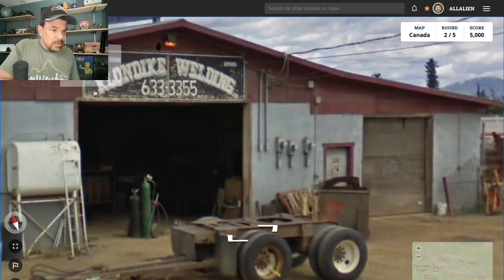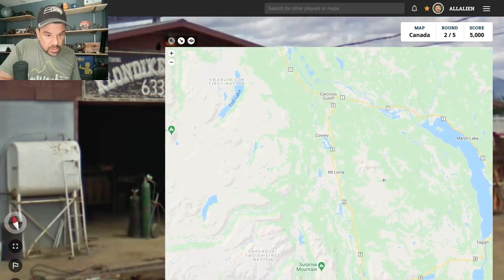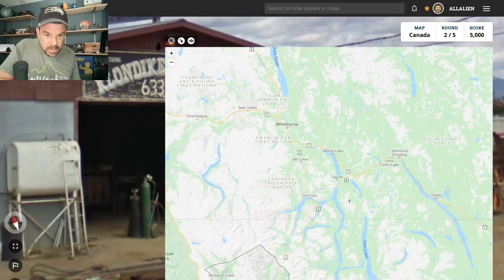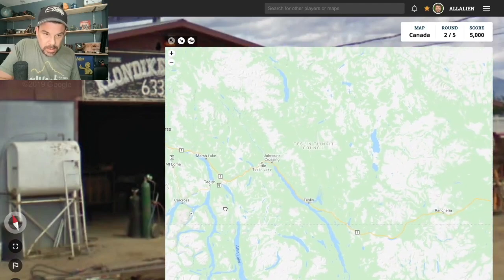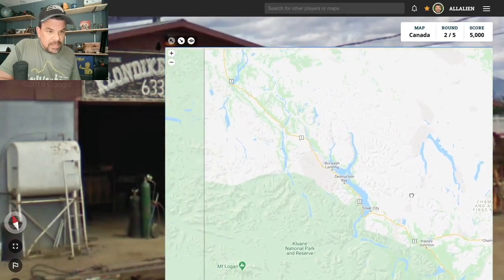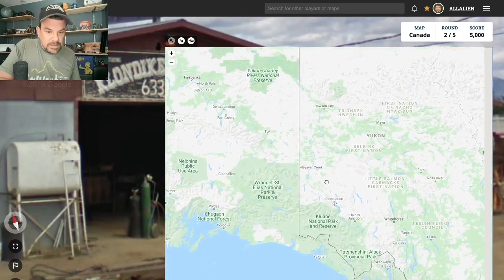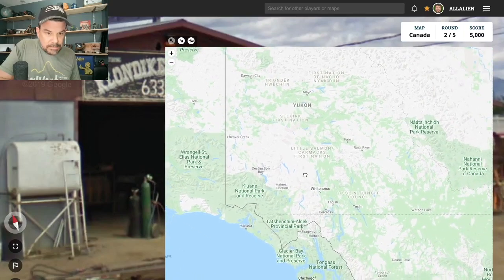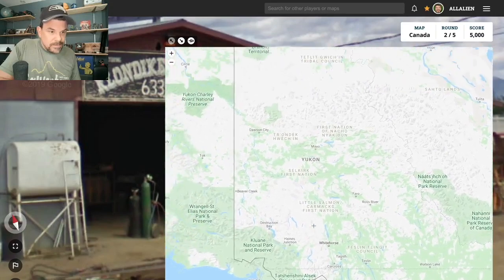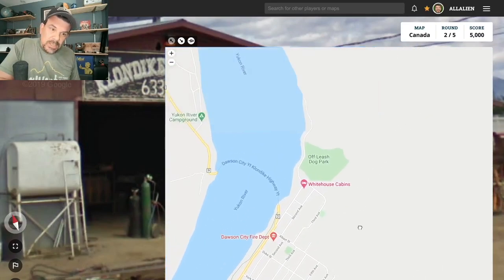Klondike, there's another giveaway that we're almost certainly in the Yukon. I just wish I knew what town this could be. But the fact that it says Klondike makes me think it might be Dawson. Again, no guarantee that we're in Dawson.